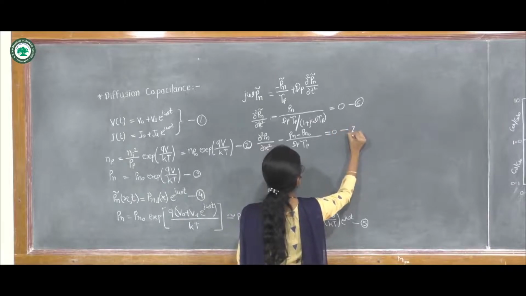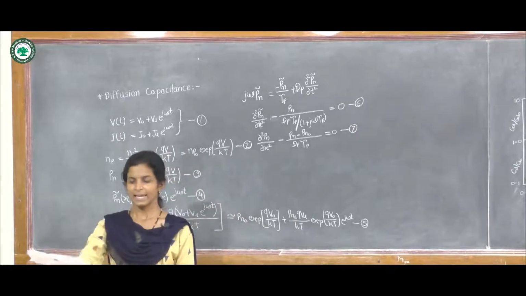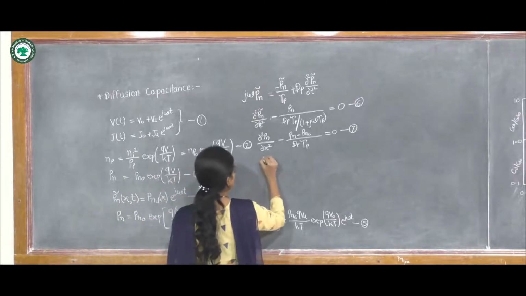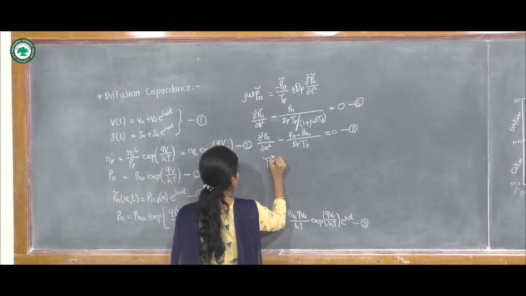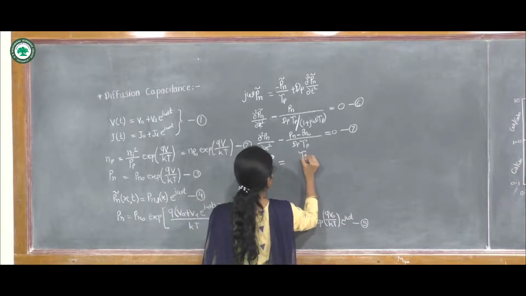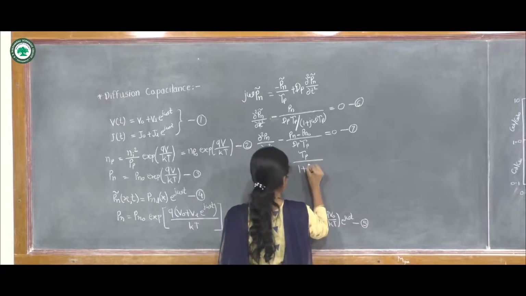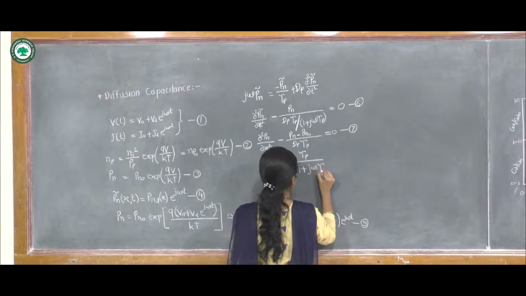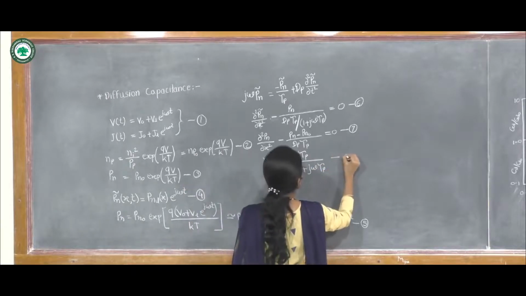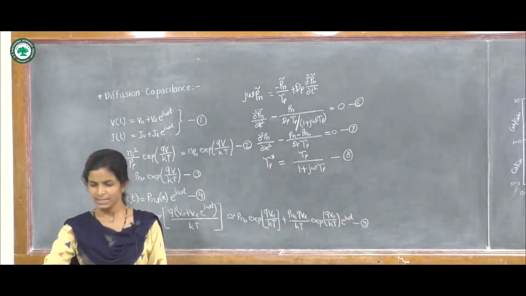This is equation number 7. If the carrier lifetime is expressed as τp* = τp/(1 + jωτp), then this is equation number 8.